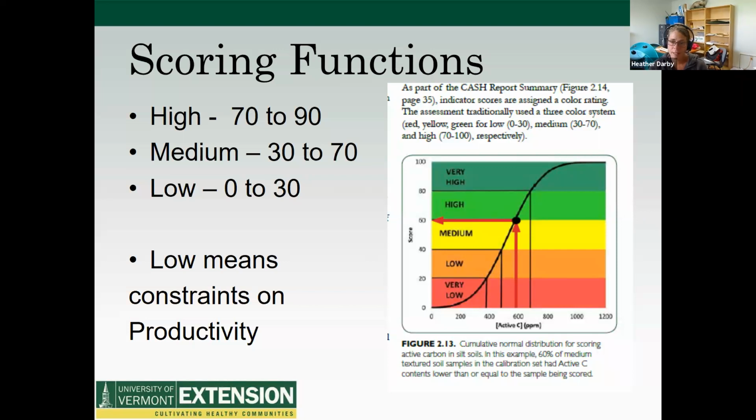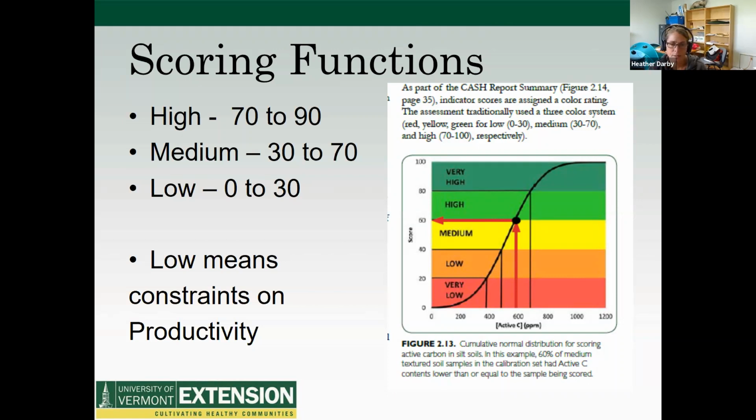And this essentially is basically the same concept. If you get an active carbon result in your soil of 600, then that translates into a high score, and high is between 60 and 80. So it's using those same basic kind of interpretation models as a chemical test.